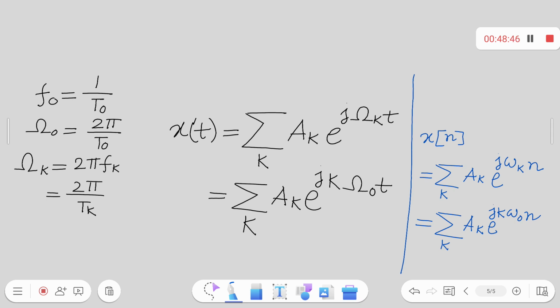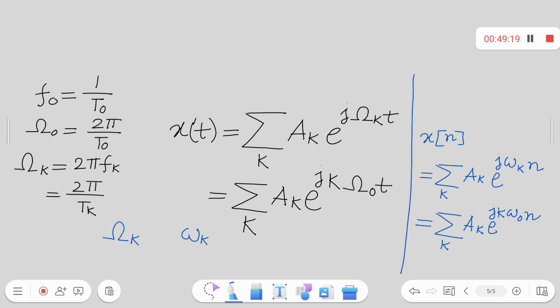But remember, although these two expressions, x of t and x of n, look pretty easy, there is a certain difference. Where is the difference? The frequency that we have considered here, capital omega_k, is the analog frequency, and small omega_k is the digital frequency.